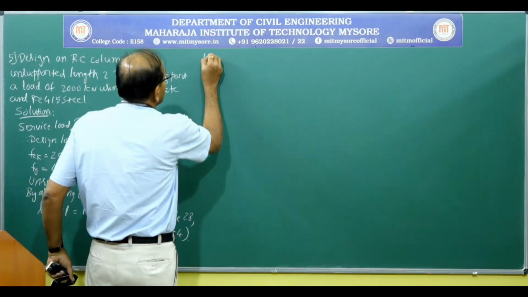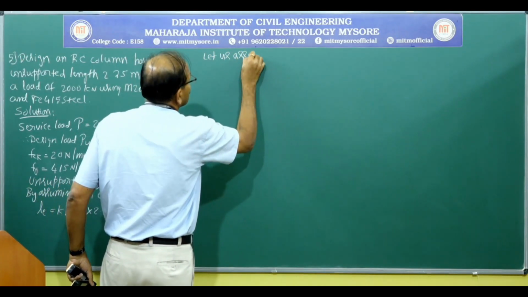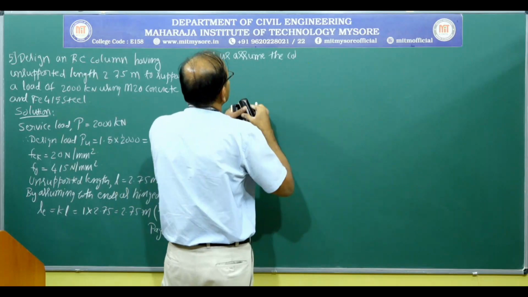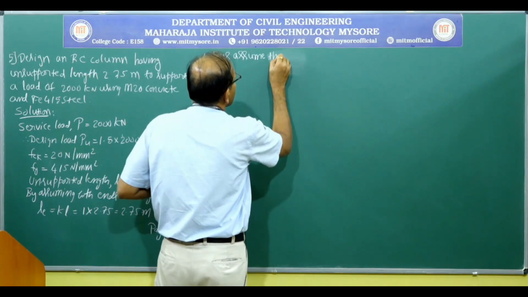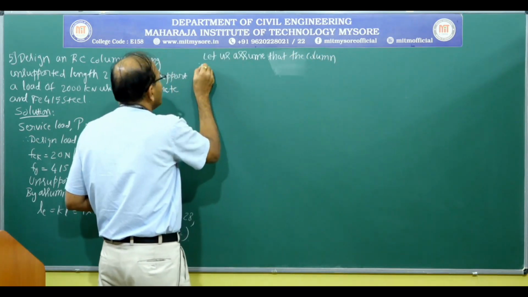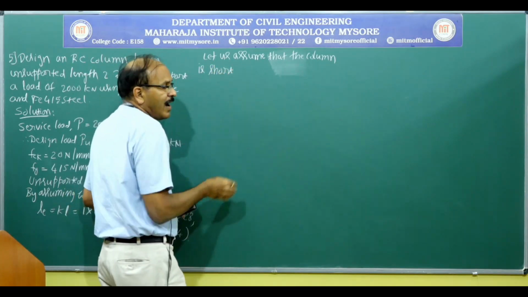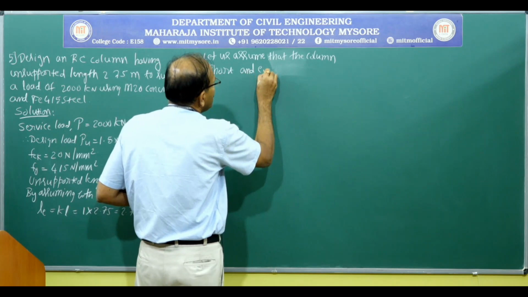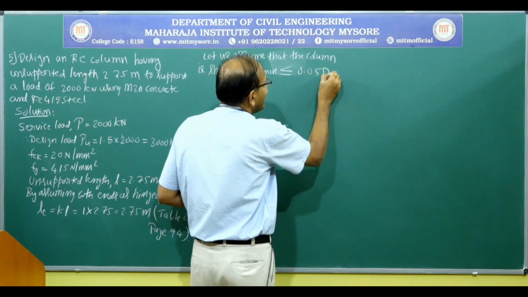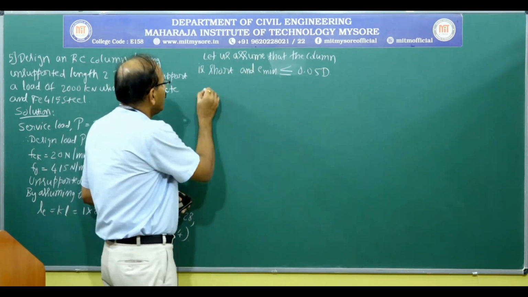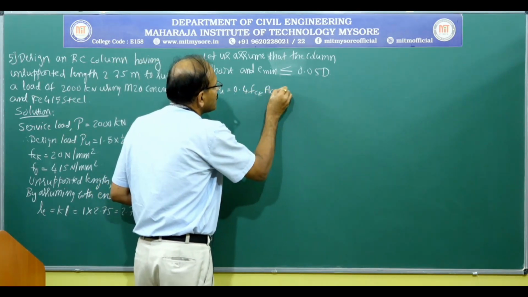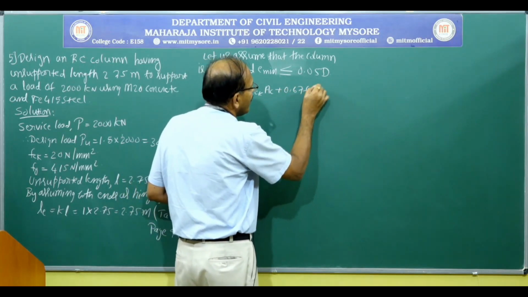So let us assume the column is short and e minimum is less than or at most equal to 0.05 D. Therefore, Pu equal to 0.4 fck Ac plus 0.67 fy Asc.